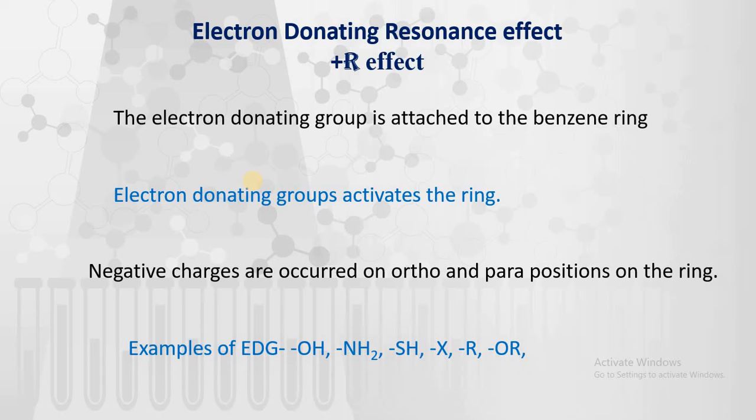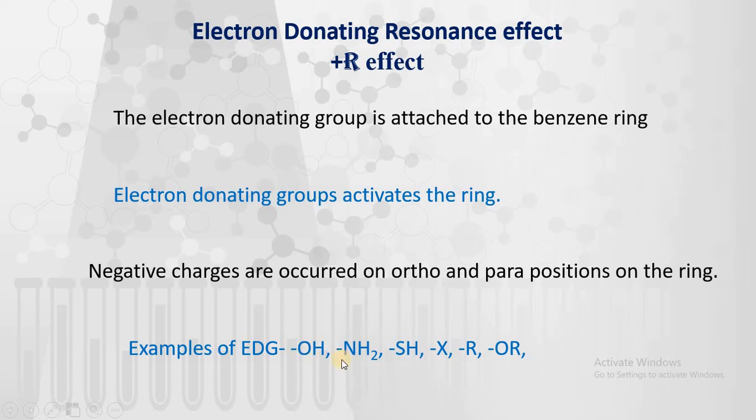Then what are the different examples of electron donating groups? The elements which have higher electronegativity as compared to carbon are electron donating in nature. So what are those groups?